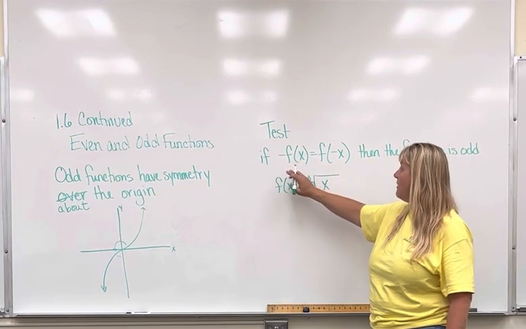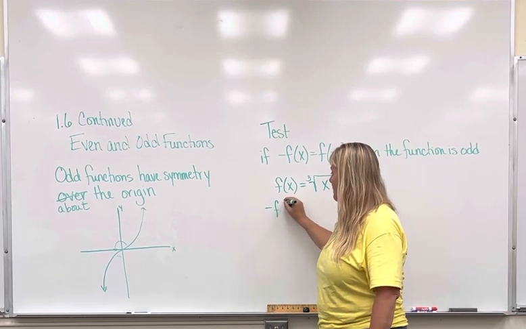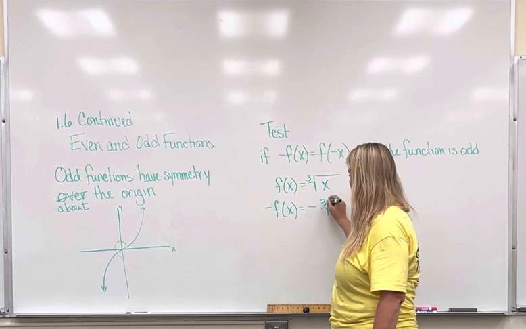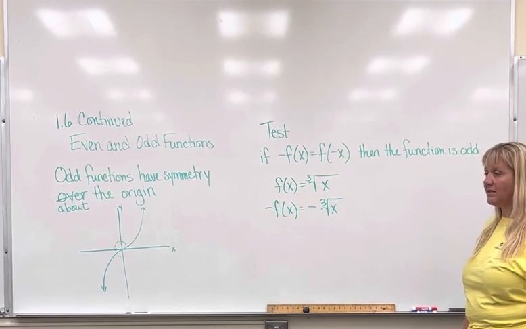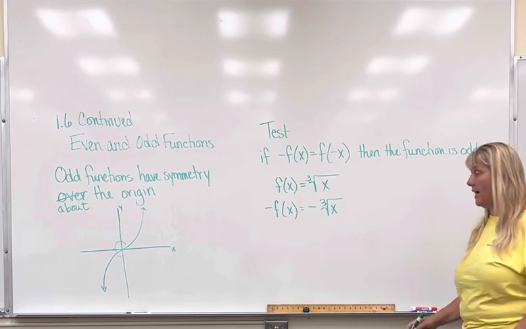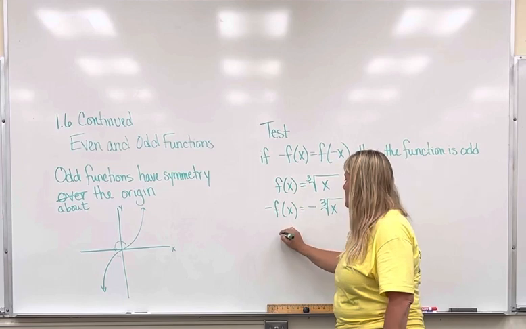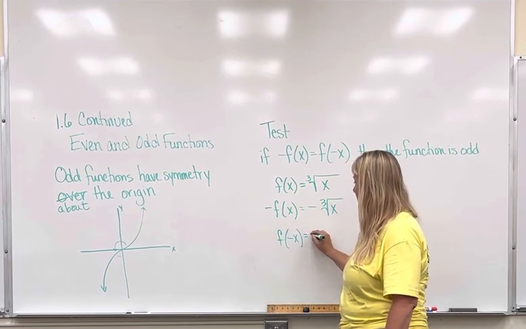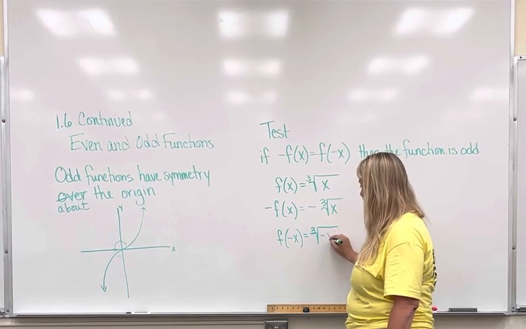We need negative f of x and f of negative x. So negative f of x would mean just sticking a negative in front of there. So negative f of x is just negative cube root of x. But we also need f of negative x. So f of negative x would look like this. The cube root of negative x.